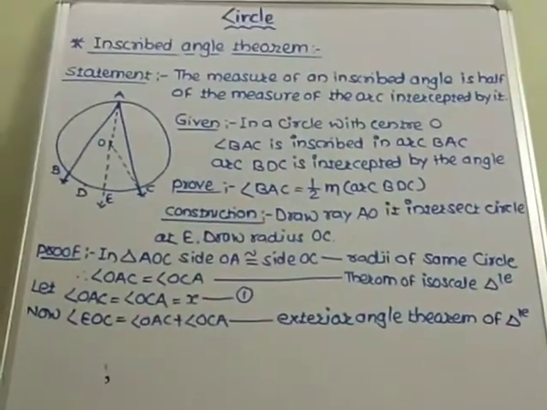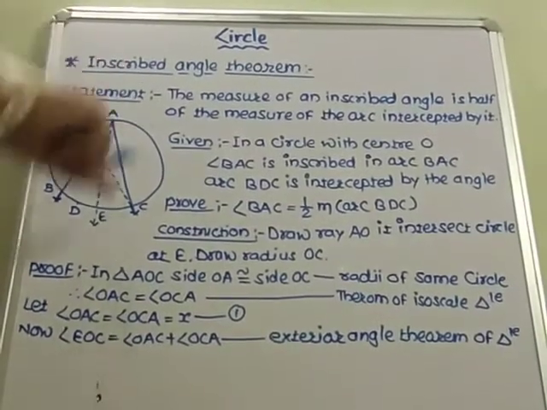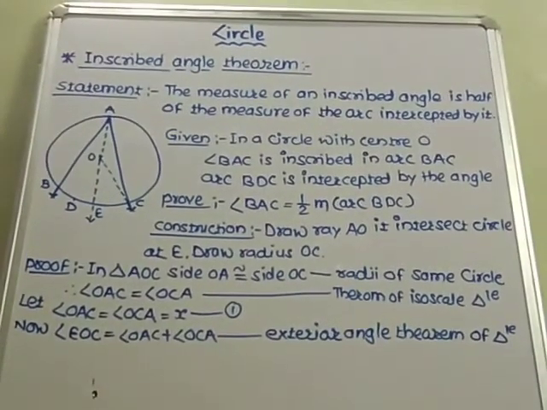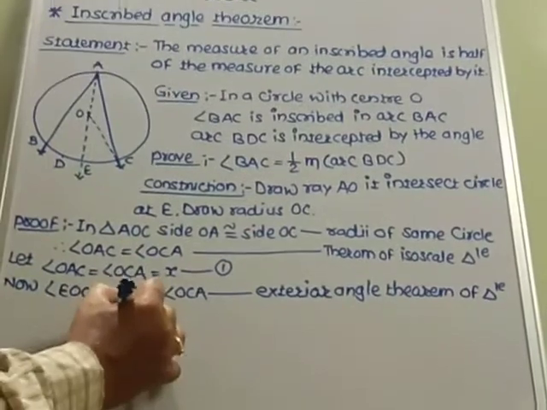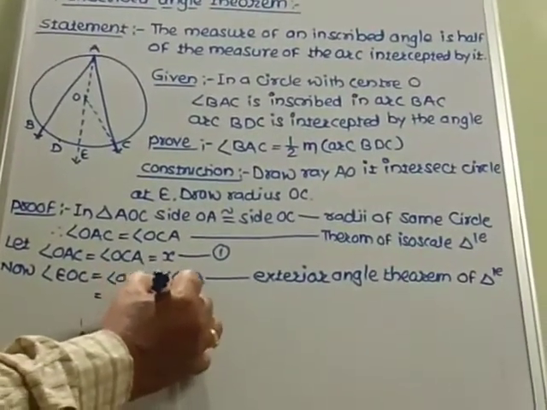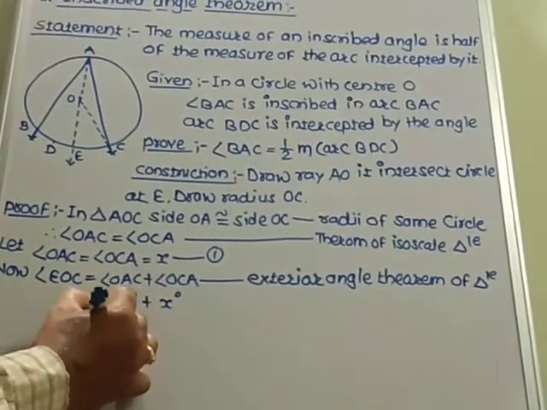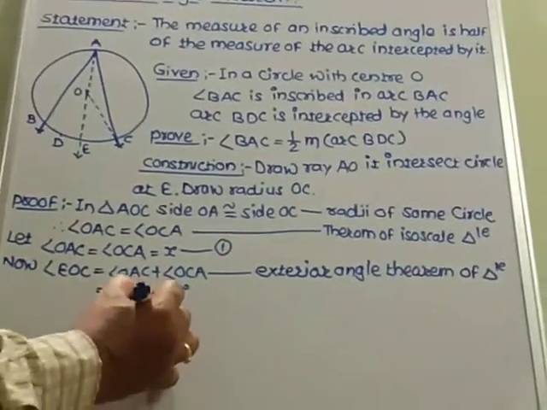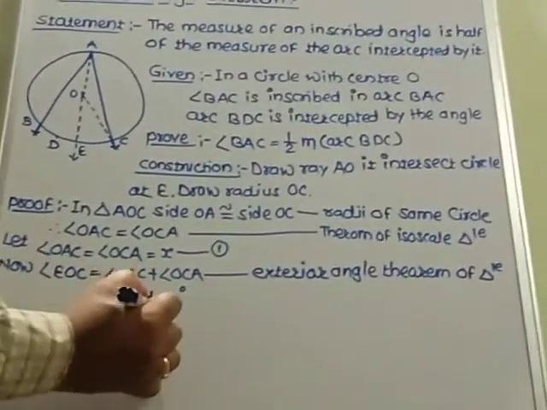EOC is the exterior angle of triangle OAC. Therefore, x plus x, that is equal to 2x, is the measurement of EOC.